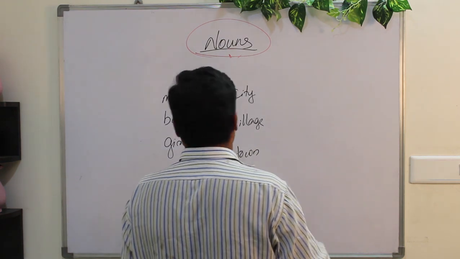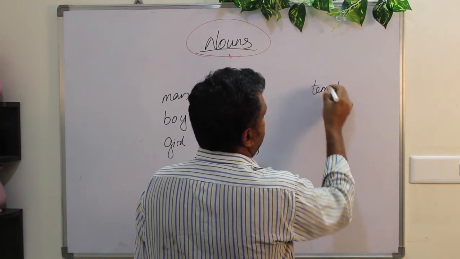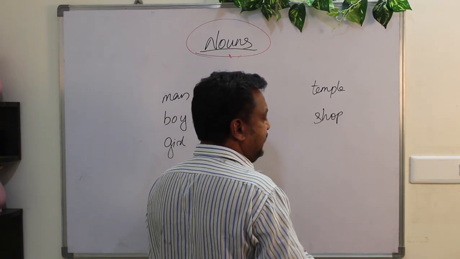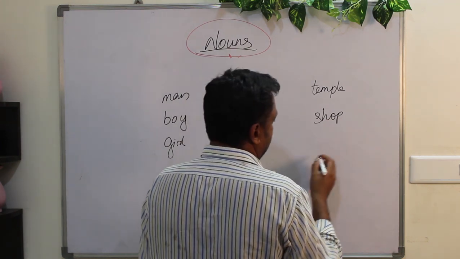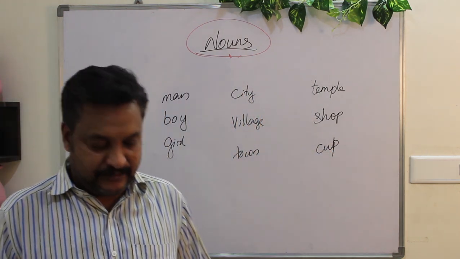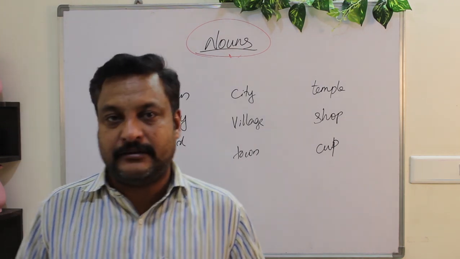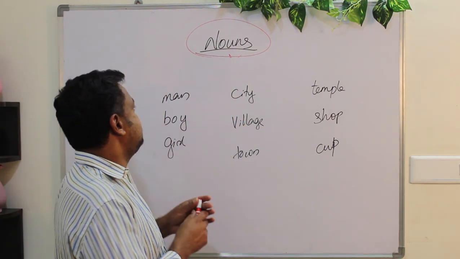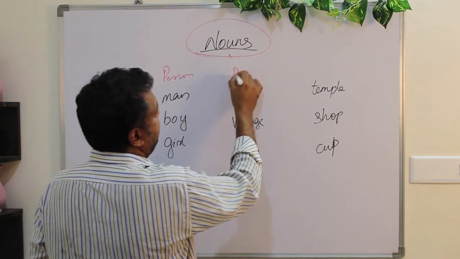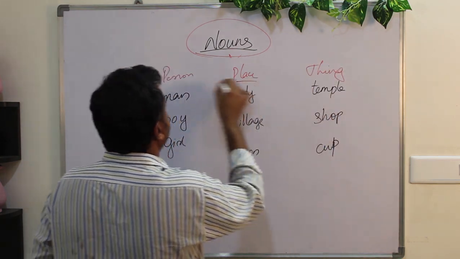When we say temple, or shop, or cup, they are also names. So a noun can denote anything, either a person, a place or a thing.